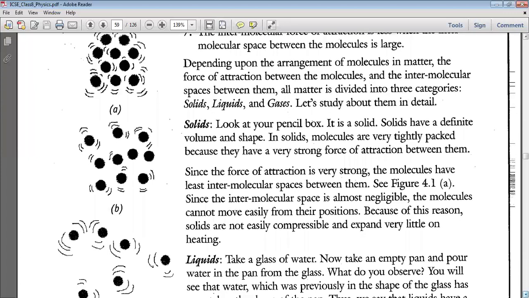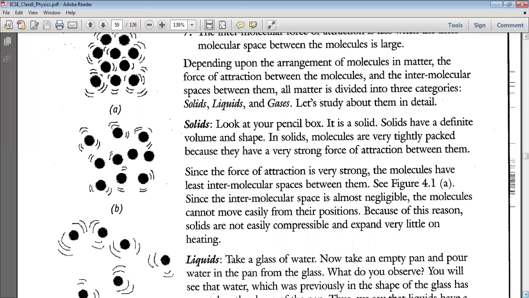Now let us talk about solids. If I talk about solids, you simply have a look at your pencil box. It is a solid, right? And solids have a definite shape and a definite volume. In solids, the molecules are very tightly packed, because solids have a very strong force of attraction between them.